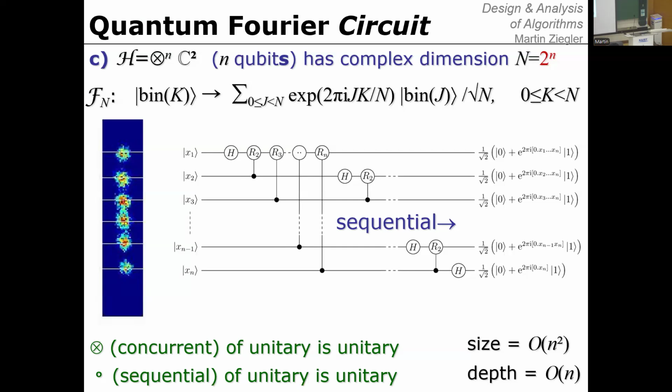And tensor product, vertical, corresponds to concurrent, but not quantum parallelism yet. Quantum parallelism says we can always take this circuit and run it on all possible values or all possible configurations of the input qubit register simultaneously. And of course, the goal is to do it in such a way that it helps us accelerate computation.